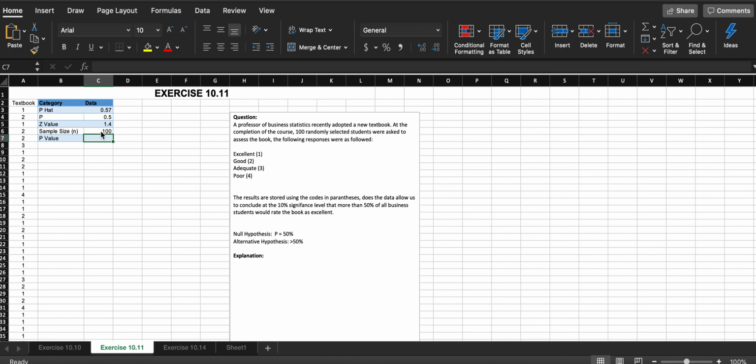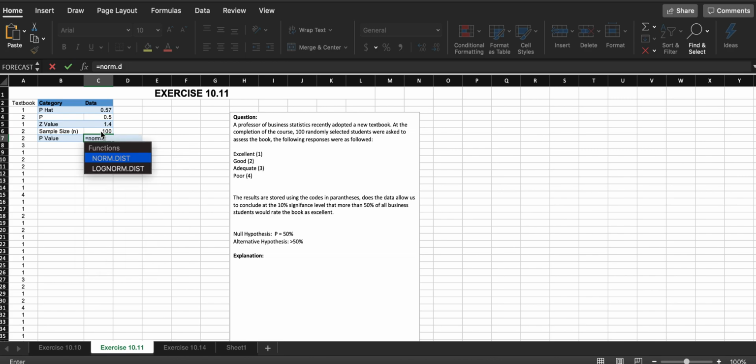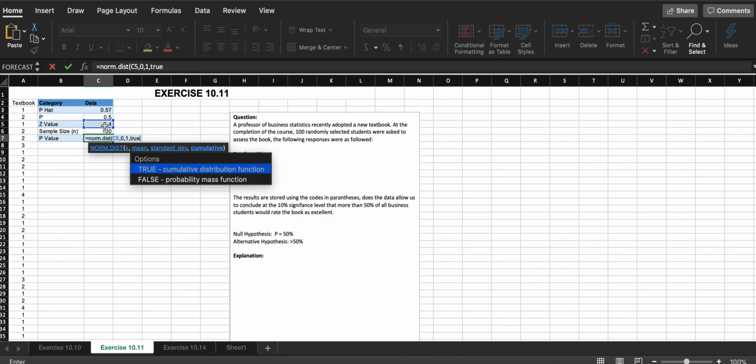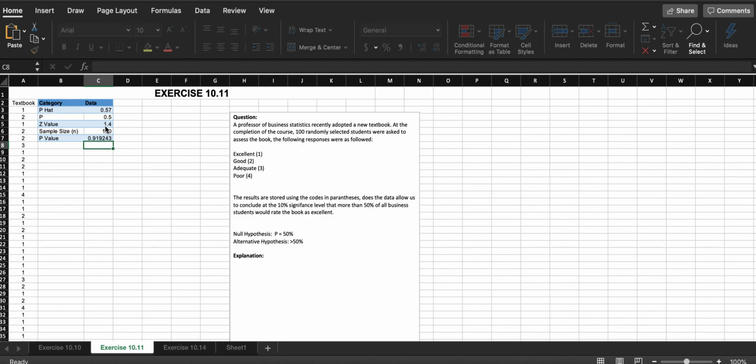Now our P value. Here, we're going to use our norm.dist. Now we use our z value, mean of 0, standard deviation of 1, and it's going to be true. We hit enter. Now you get a value that's much greater than your p-value.